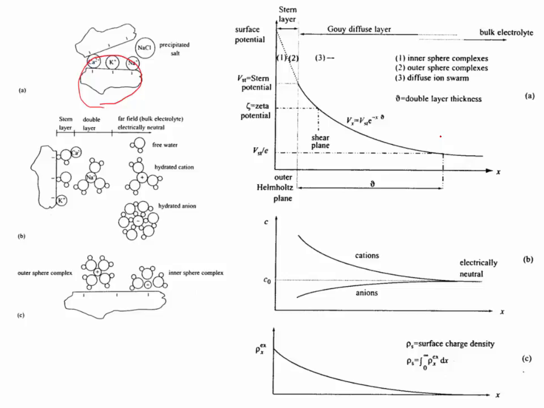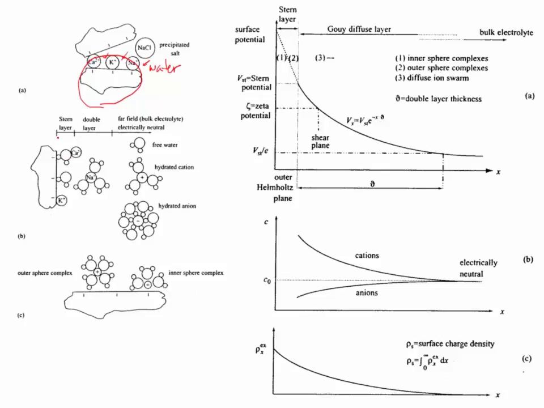So here is a more detailed schematic. You have a dry clay, and when you add water, this water will hydrate these cations, right? And you may have a precipitated salt. Then this water will be stuck.